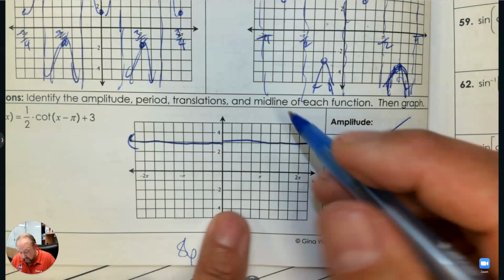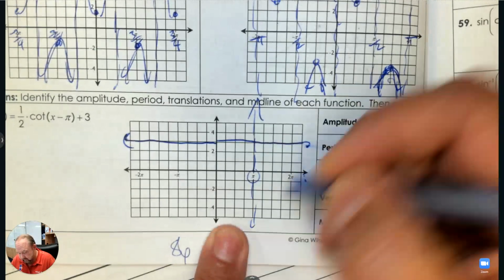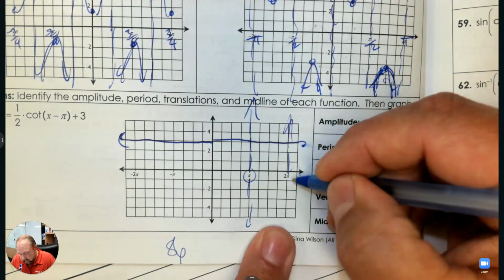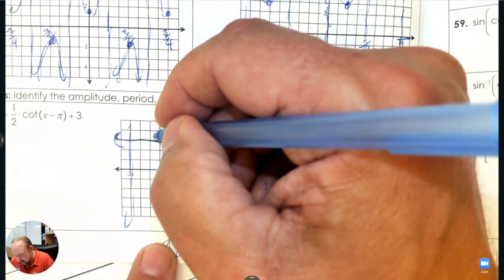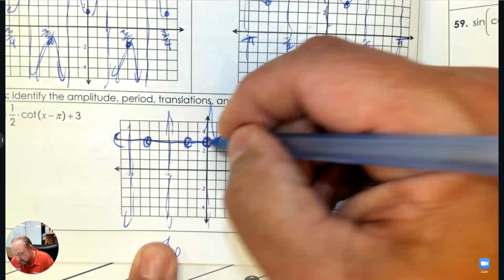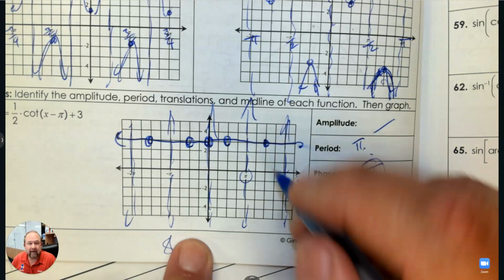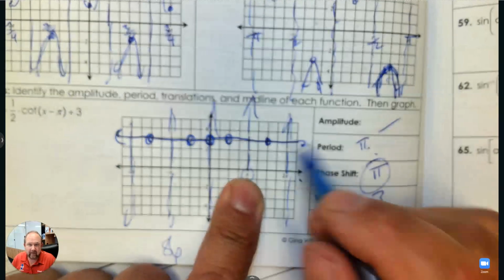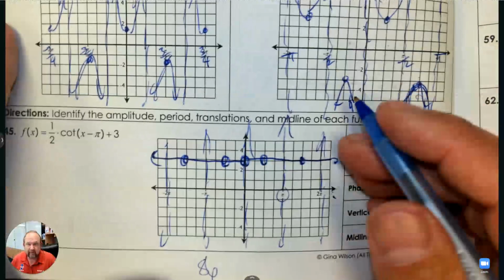But I'm going to start there at pi and know that cotangent starts with an asymptote. So I'm going to then put in the asymptotes. In the middle of that is the point of inflection, which is at the midline. Oopsie, right here. Sorry, that's part of the asymptote. Midline. And then go back to pi here. All of them are going to be the same, so it doesn't matter which one you start with.